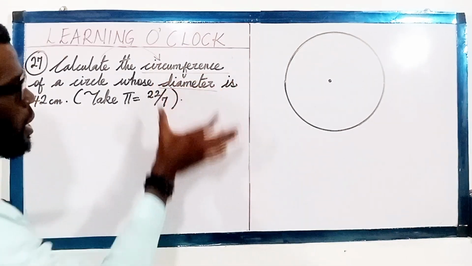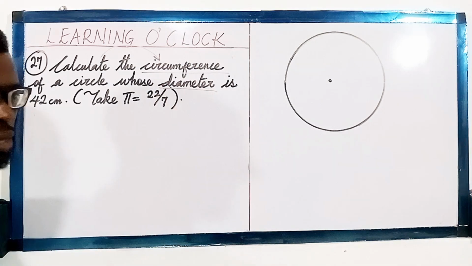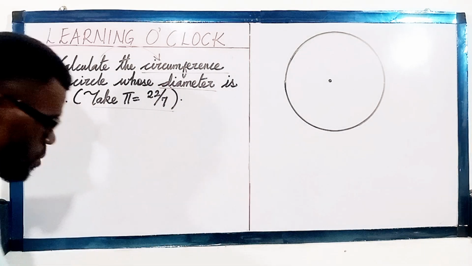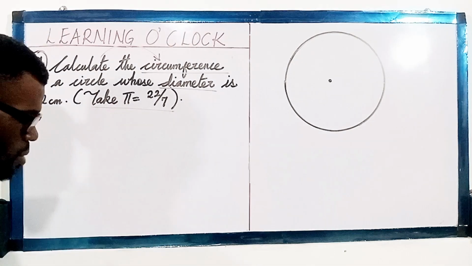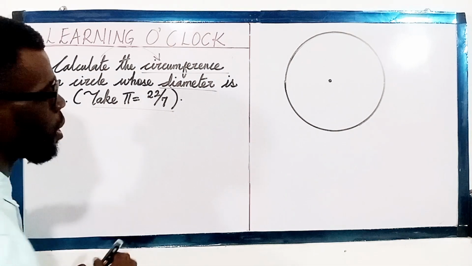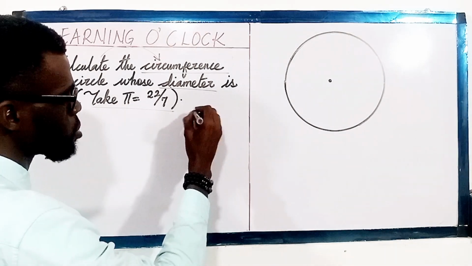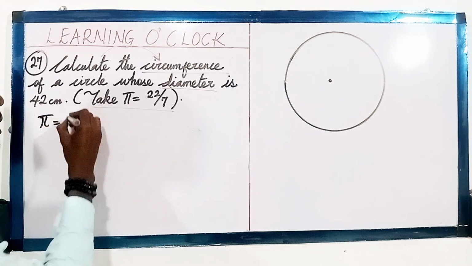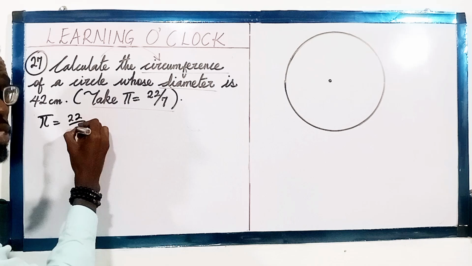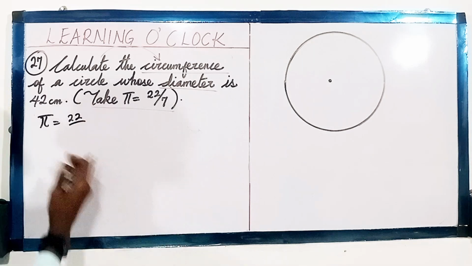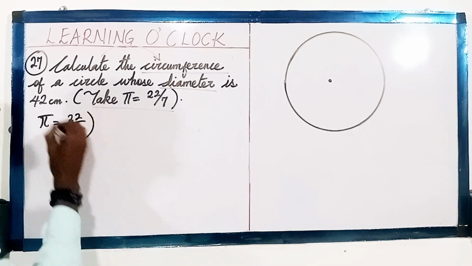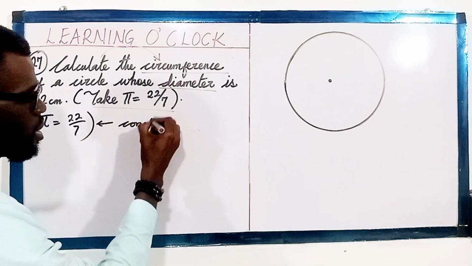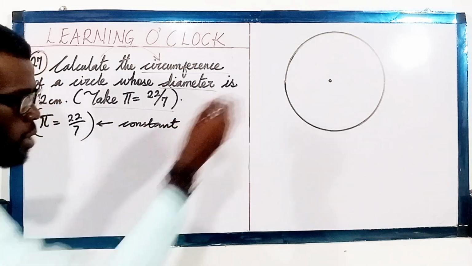So circumference and diameter. The next thing we need to identify is also pi, right? This is a symbol, it represents pi. Some question will be, what's the pi? Pi is equal to 22 over 7. This is actually a constant in anything circular.